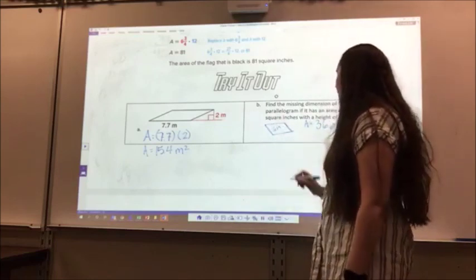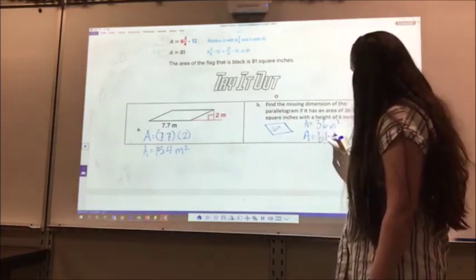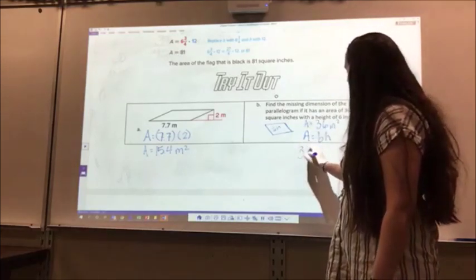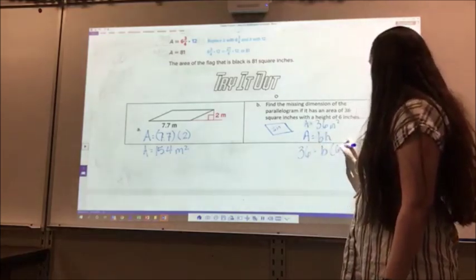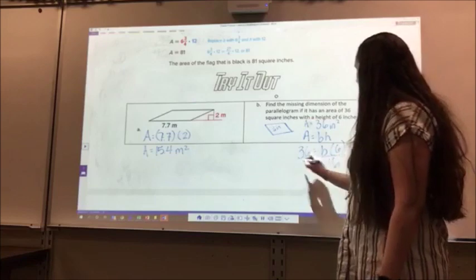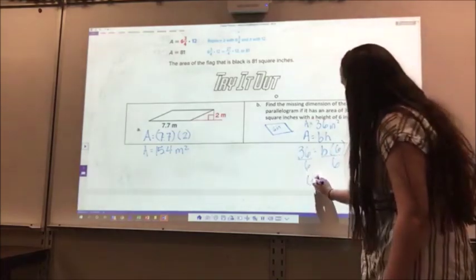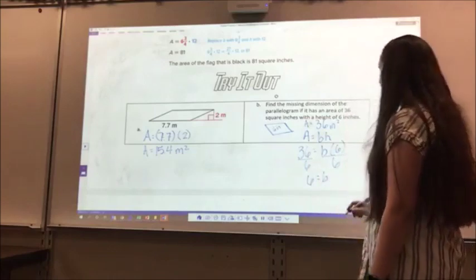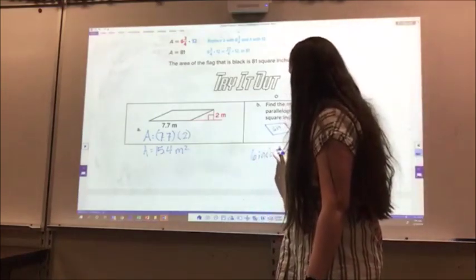Okay, so I'm missing my base. So my formula is A equals B times H. My area is 36. I'm missing my B. My height is 6. I divide both sides by 6. 36 divided by 6 is 6. So B is 6. So my base is 6 inches.